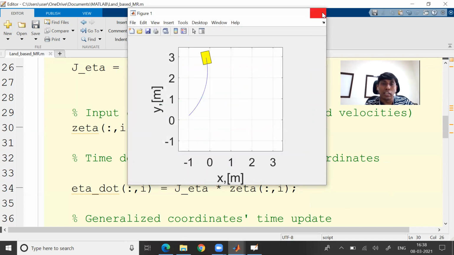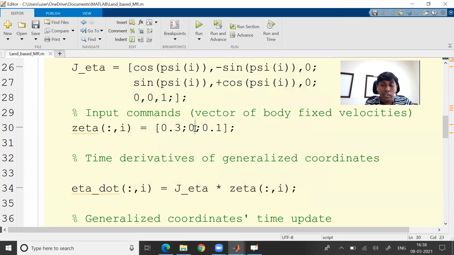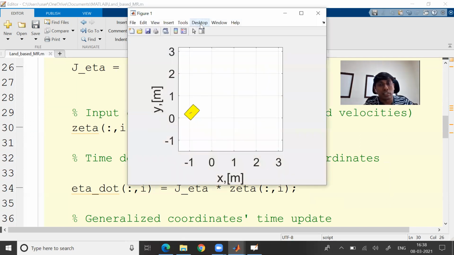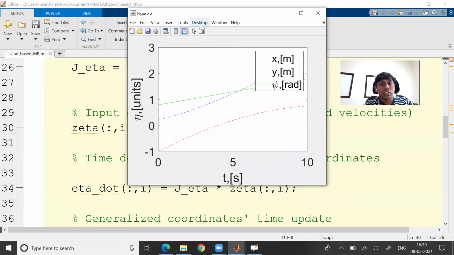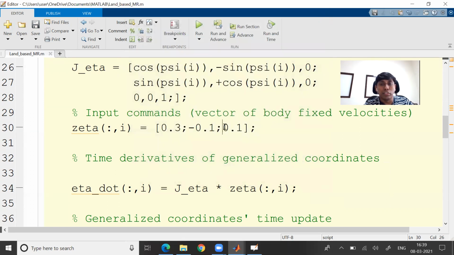Now I'm saying that the vehicle also has a small lateral velocity, which is minus 0.1 meter per second. The vehicle is supposed to go down, but you can see some kind of compromise between these two. The vehicle is trying to rotate, but some compromise is happening. The vehicle is not coming down because the lateral velocity component is not taking a role, because the vehicle's y is getting increased. You can see that is what is happening in the Y. But now imagine if this is not there.